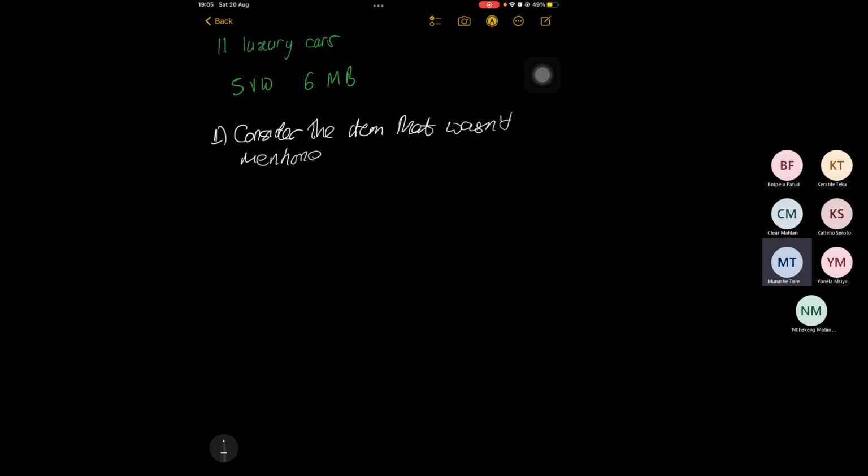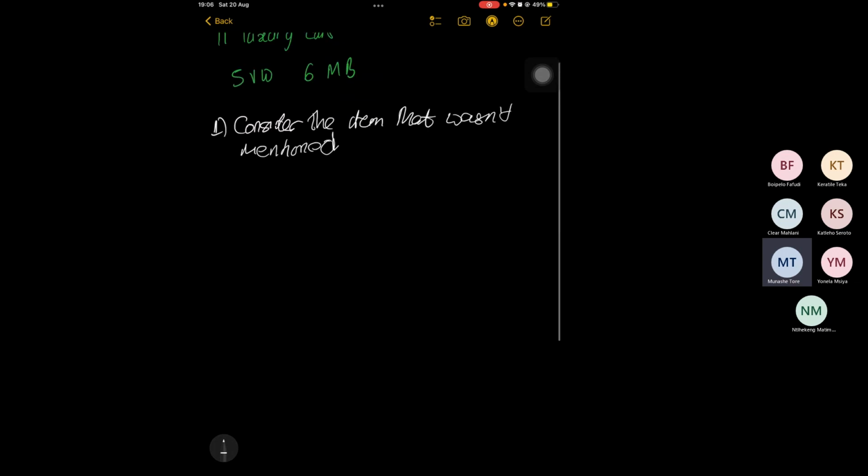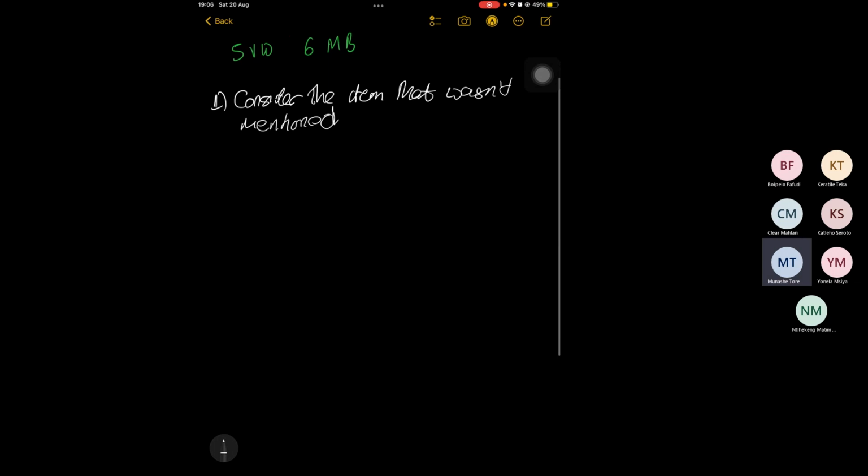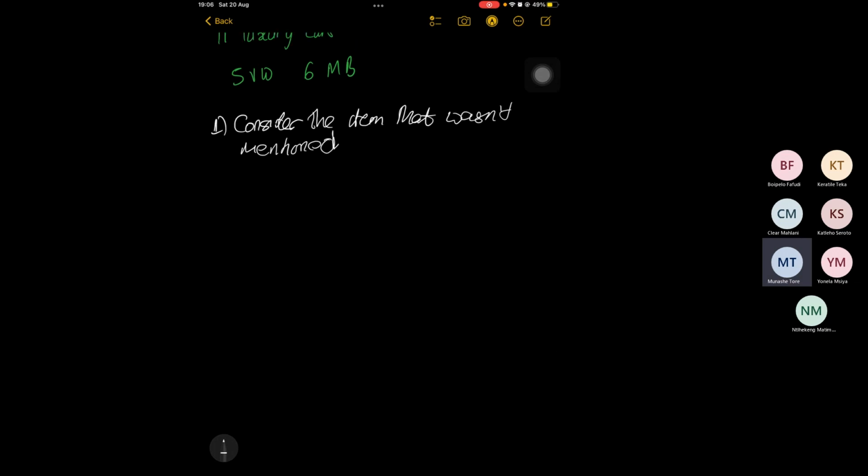What do I mean by this? The question is asking you about the VWs, isn't it? So the Mercedes Benz was not mentioned in this. This is what you consider first, and you write down the possible positions that the Mercedes Benz may occupy.